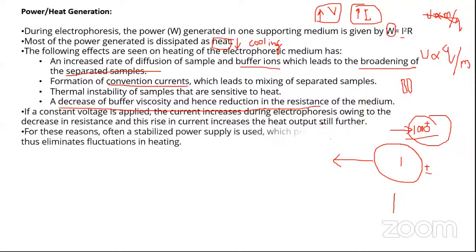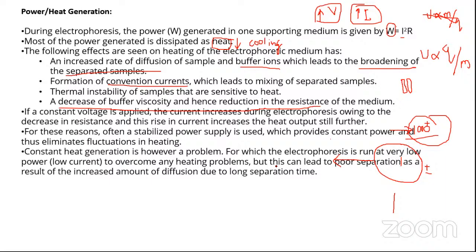You can stabilize the system by using a power pack that has a stabilized voltage or stabilized current system, by which you can get rid of all these problems that we have discussed.